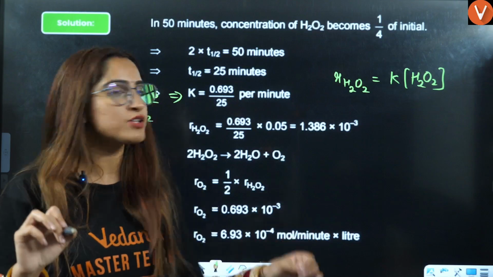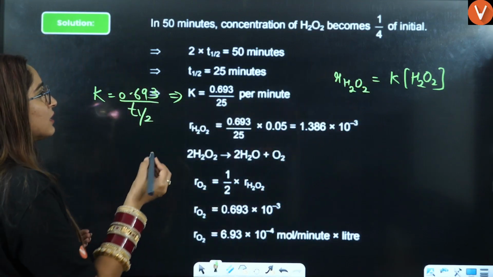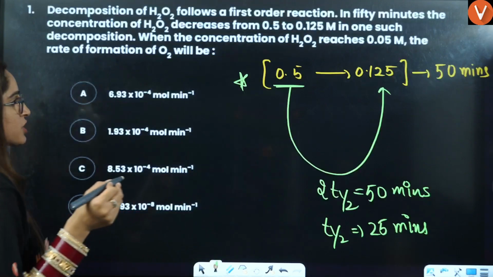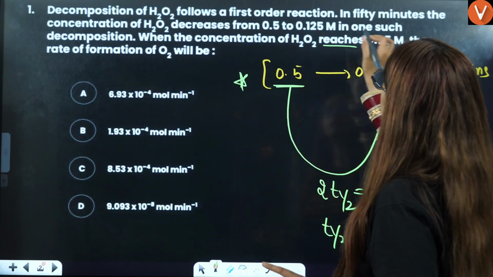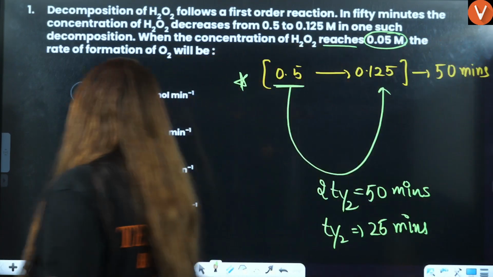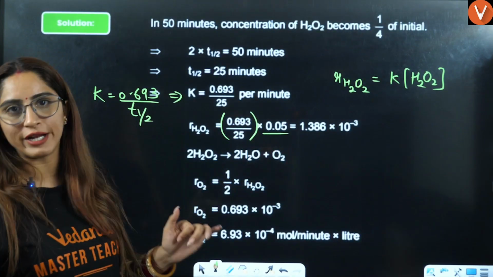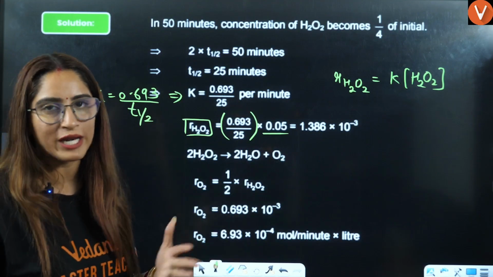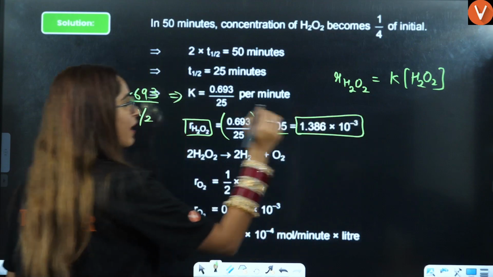When we put the value of K and the concentration, when the concentration of H2O2 reaches 0.05, you will get the rate of the reaction of H2O2 according to the rate law expression.